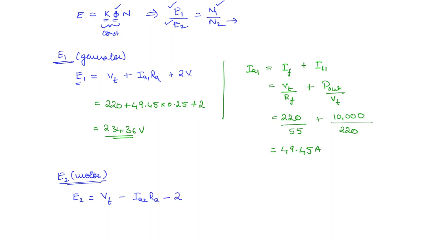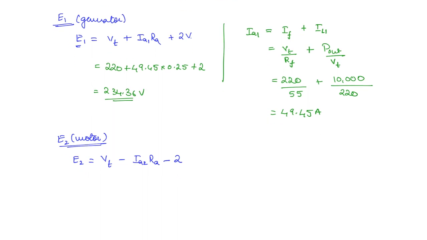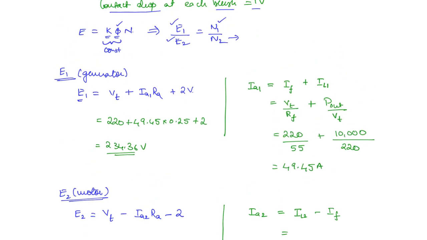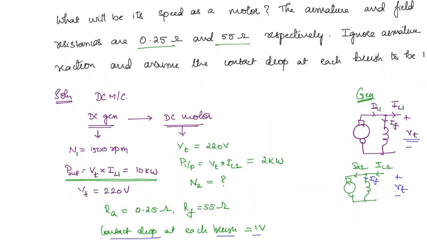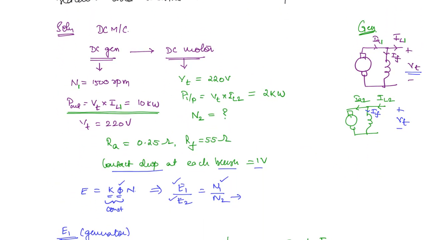Okay. Here also similarly you have to find out IA2. Now as it is working as motor, the armature current will be equal to the load, the supply current that it is drawing minus the field current. Okay. So this is equal to, once again IL2 is given in terms of the input power.